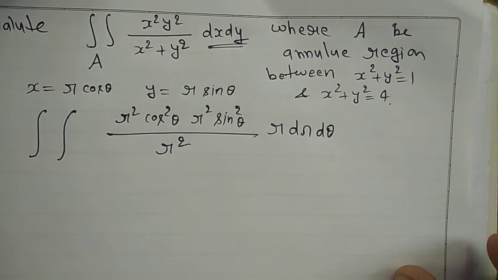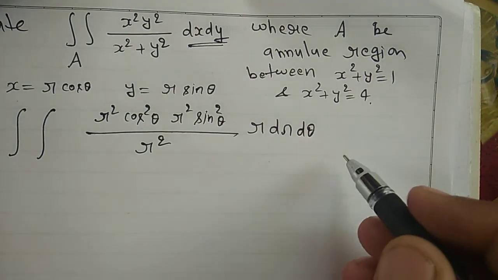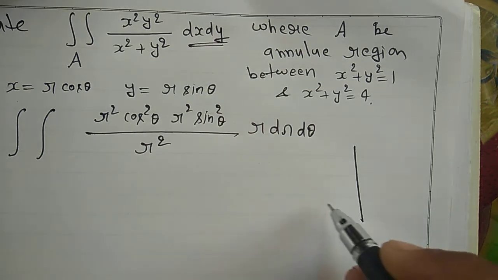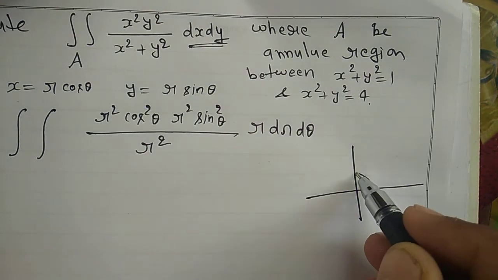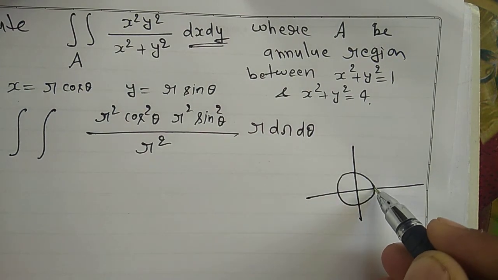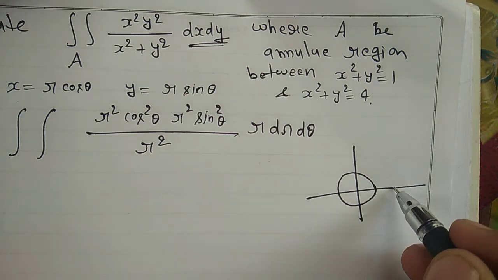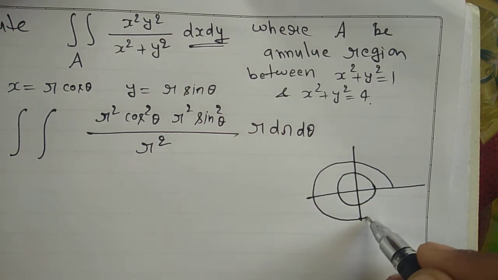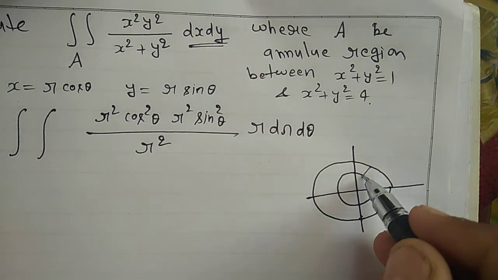For that we have to look at the region. What is the region? The region is the annular region between two concentric circles, x square plus y square equal to 1 and x square plus y square equal to 4. So this is your region.